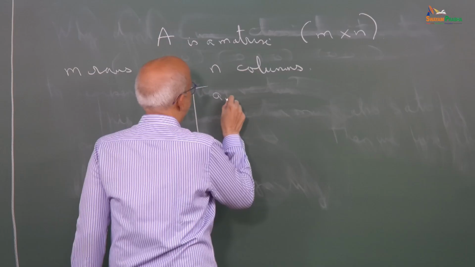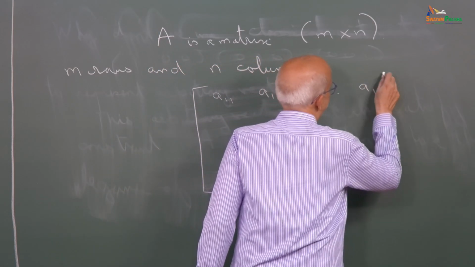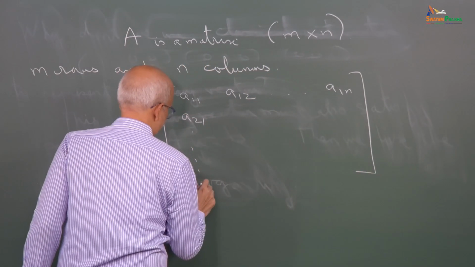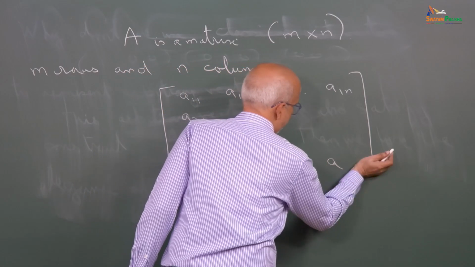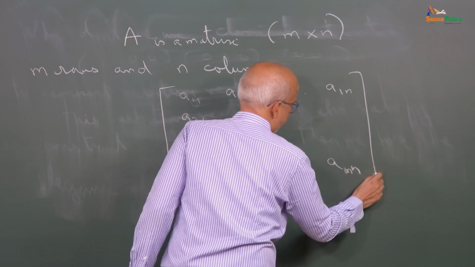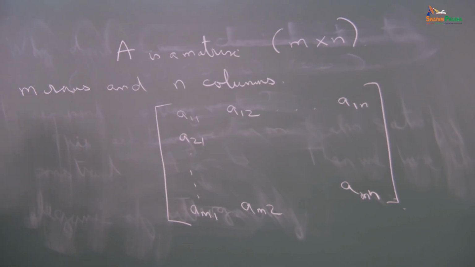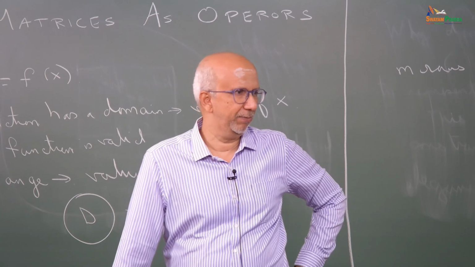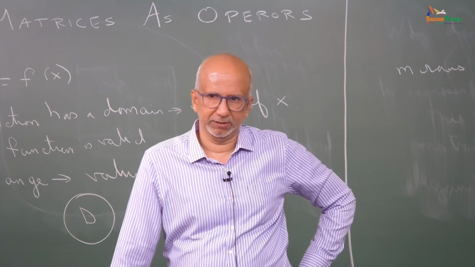And the elements are A11, so the first index tells you the row, second index tells you the column. Okay. So basically this is how we denote a matrix. And what does the matrix do? It can multiply a vector and give you another vector.